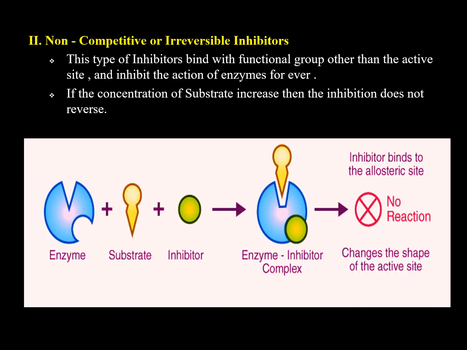Now we learn non-competitive inhibitors. They bind to a different site of the enzyme, not the active site. This changes the enzyme shape and reduces activity even if substrate is present. Irreversible inhibitors permanently inactivate the enzyme, often by forming strong bonds.